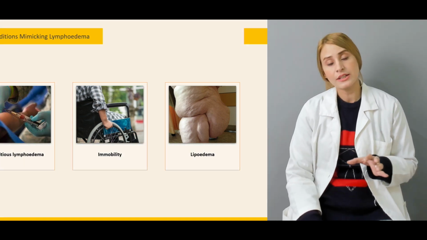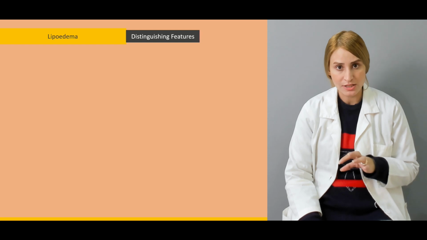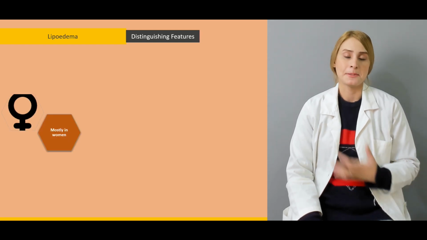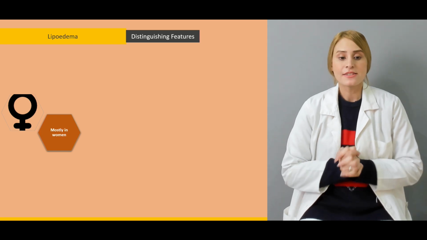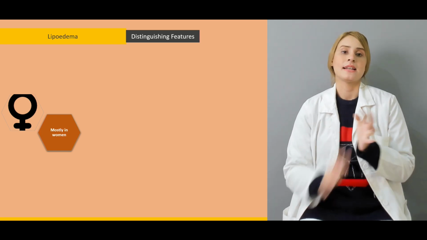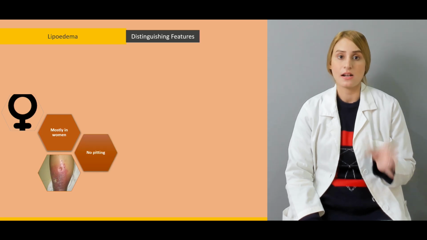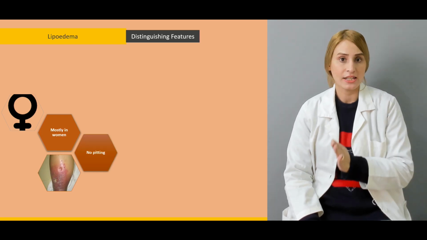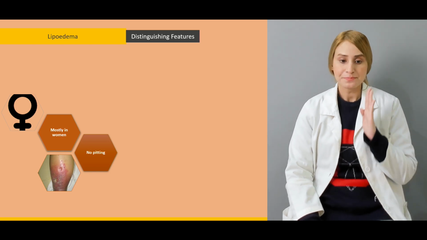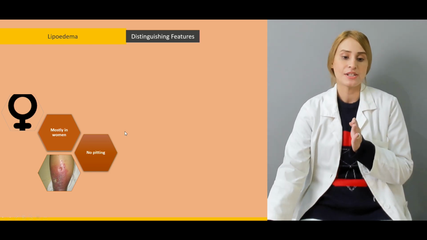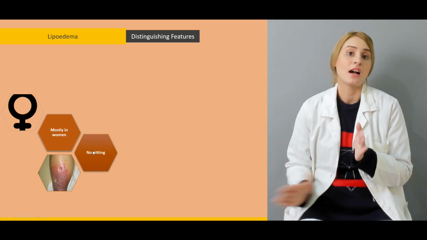This is important to differentiate lipoedema from lymphedema. You should always remember that lipoedema is mostly common in women, and especially those women who are obese.